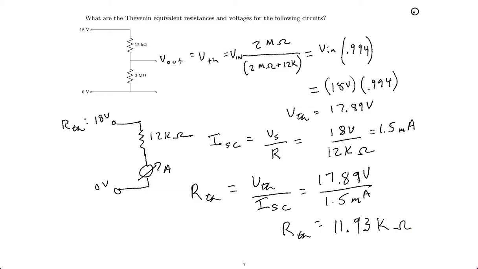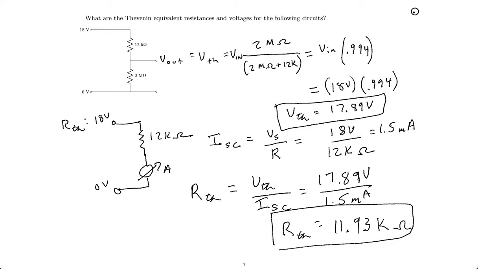So this is a circuit situation where we have a Thevenin resistance, which is defined by the upper resistor, and a voltage output, which is very close to the input supply. What is the meaning?